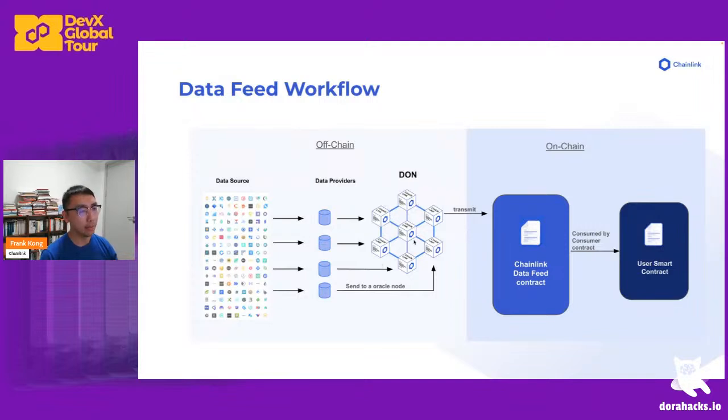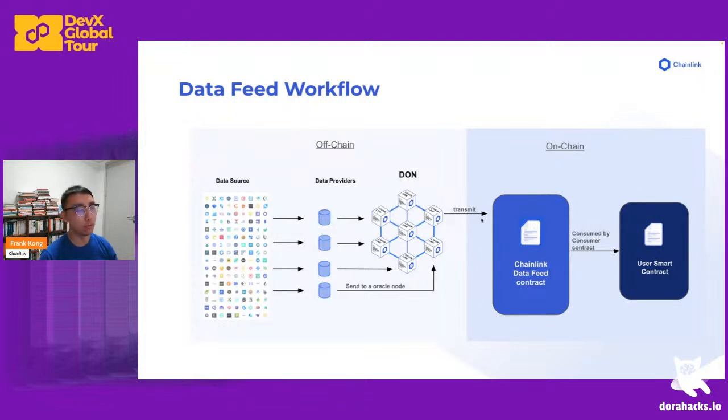And if they can get the final report, they will finally transmit or submit this final report, containing all the results fetched by each node under this network, to the on-chain smart contract. So we have a smart contract called an aggregator contract. This aggregator contract is used to verify if every price data in the report is submitted by the correct node, by verifying the address and the signatures.